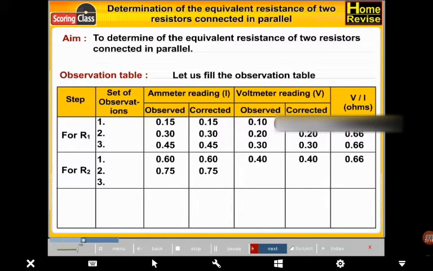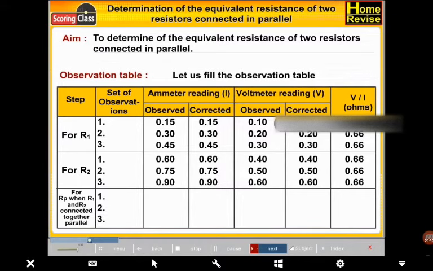For second set, ammeter observed 0.75, corrected 0.75, voltmeter observed 0.50, corrected 0.50, and it is 0.66 ohms. For the third set, ammeter observed 0.90, corrected 0.90, voltmeter observed 0.60, corrected 0.60, it is 0.66 ohms.